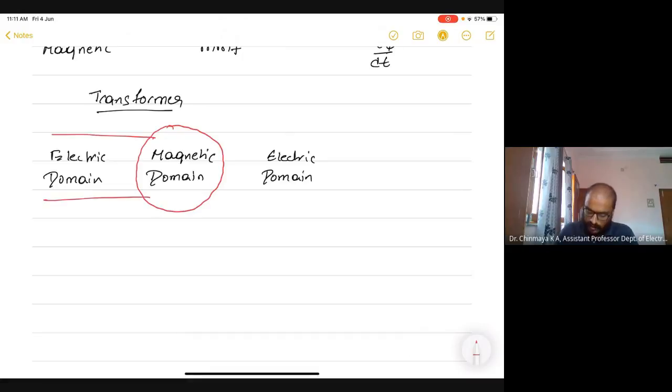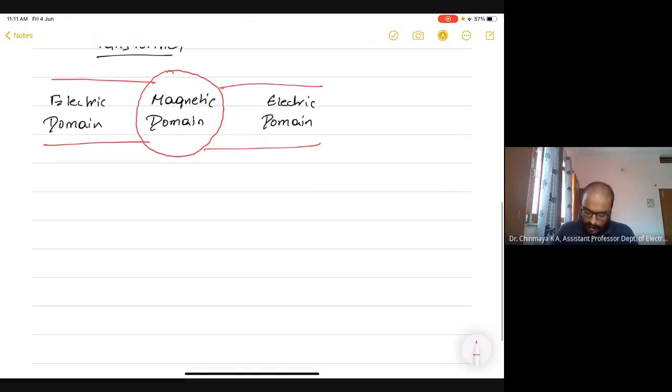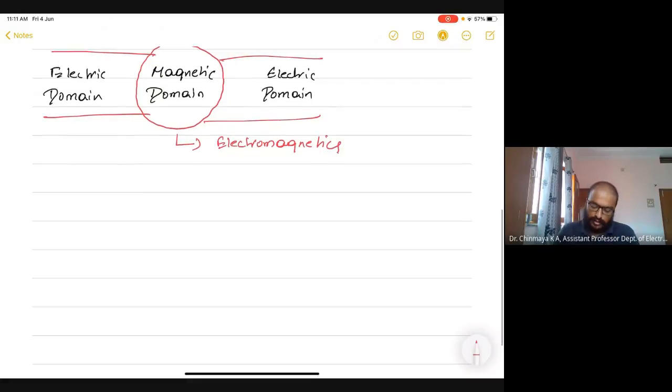In between, it is converted into the magnetic domain, then again to the electric domain in the secondary. So this is electromagnetics.